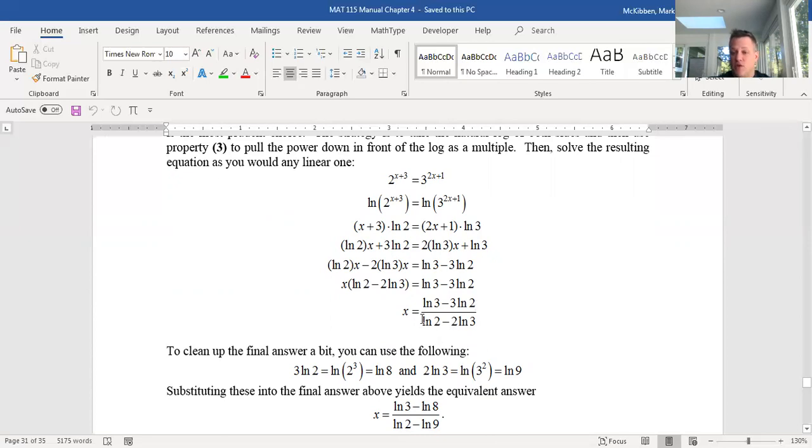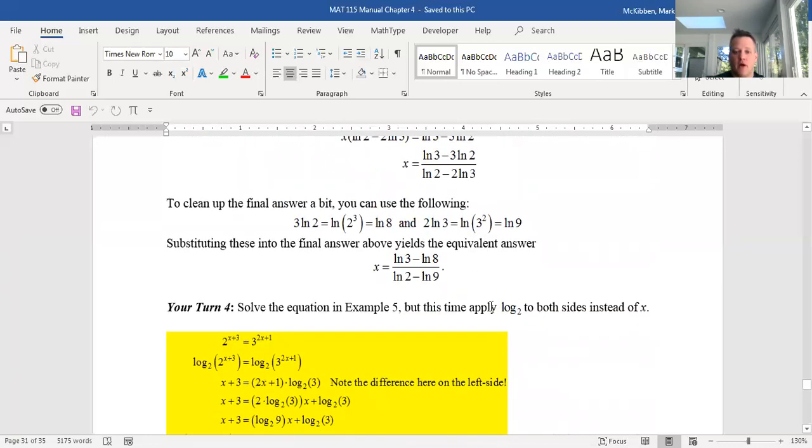It looks weird, but if you were to plug that expression into your calculator and push equals, you'll get a decimal approximation for x. So the log properties here enabled you to solve an equation that otherwise was unattackable with just our exponent rules.